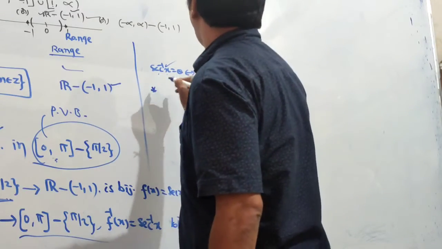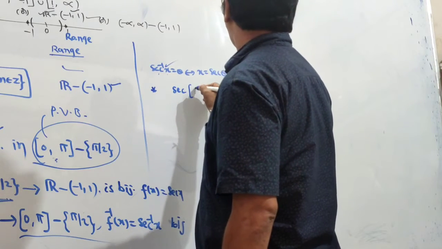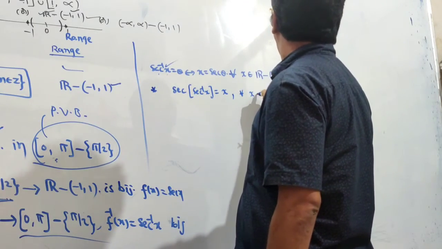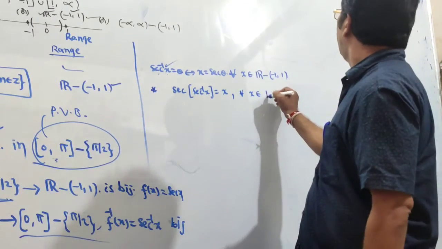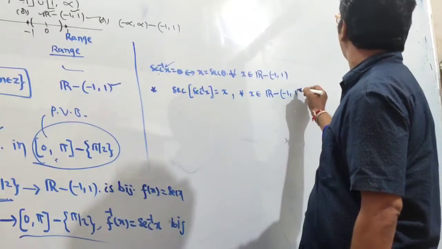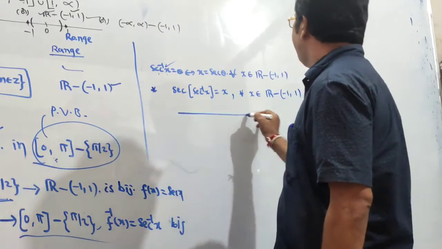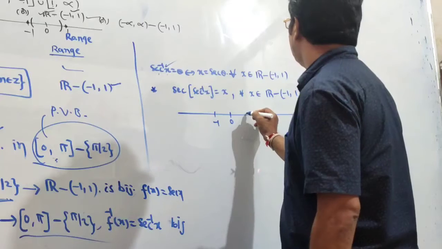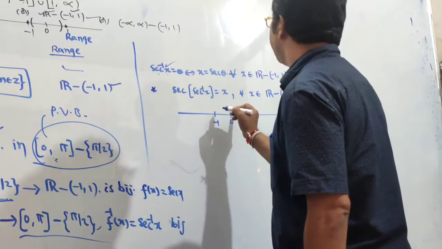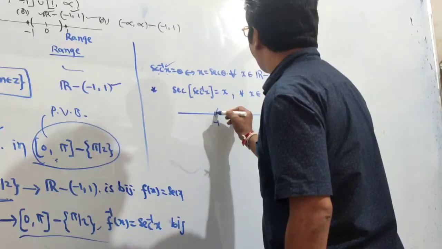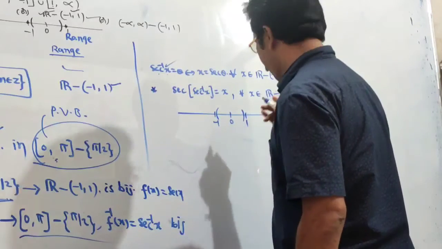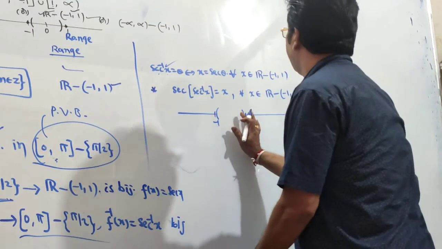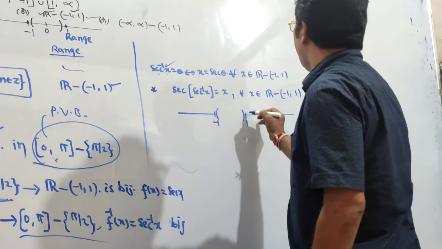As usual, secant inverse of x is equal to x for all x belonging to capital R minus open interval of minus 1, 1. Means everywhere on the real line except minus 1 to plus 1, so it is the exempted area, the open interval of minus 1 to plus 1. So x is where?